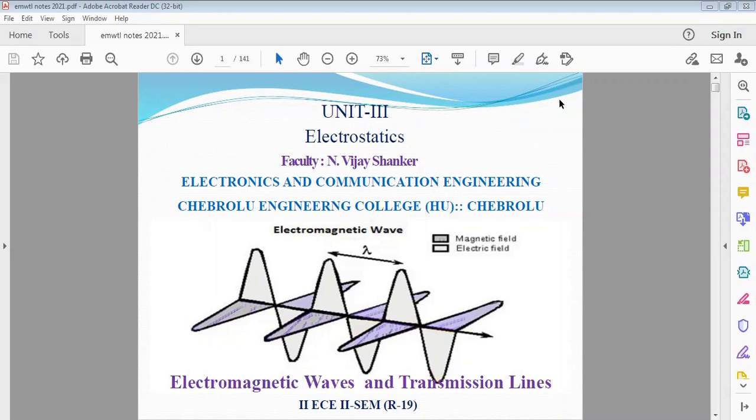Today we are going to discuss the concept of capacitance in the unit on electrostatics.